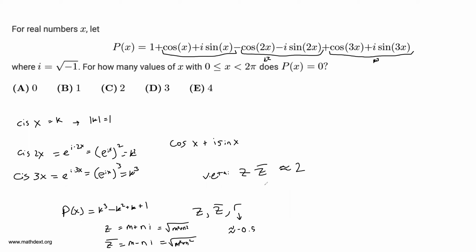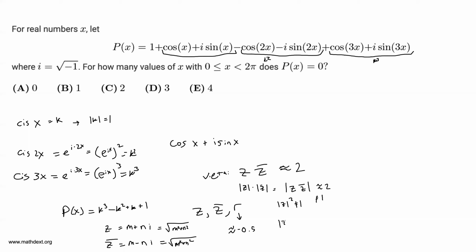And a property of complex numbers is when you multiply them together, the magnitude of their product is the product of their magnitudes. So z times conjugate of z is going to be the magnitude of z times the magnitude of conjugate of z, which is going to be approximately 2, or just, you can say not equal to 1. So the magnitude of z squared is not equal to 1.